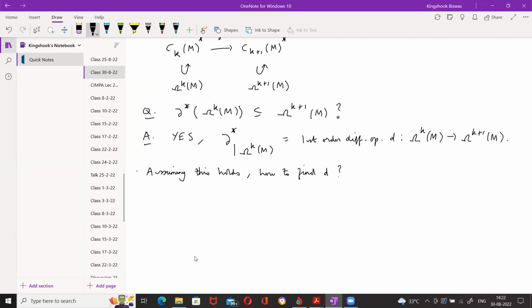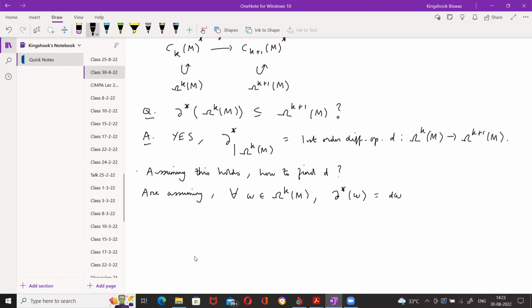So we're assuming for all omega in omega k m, delta star of omega is equal to d omega, right?